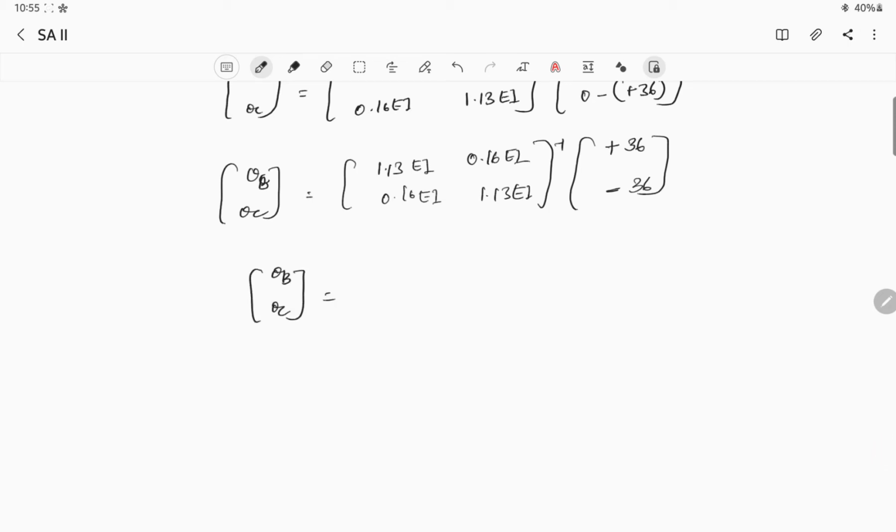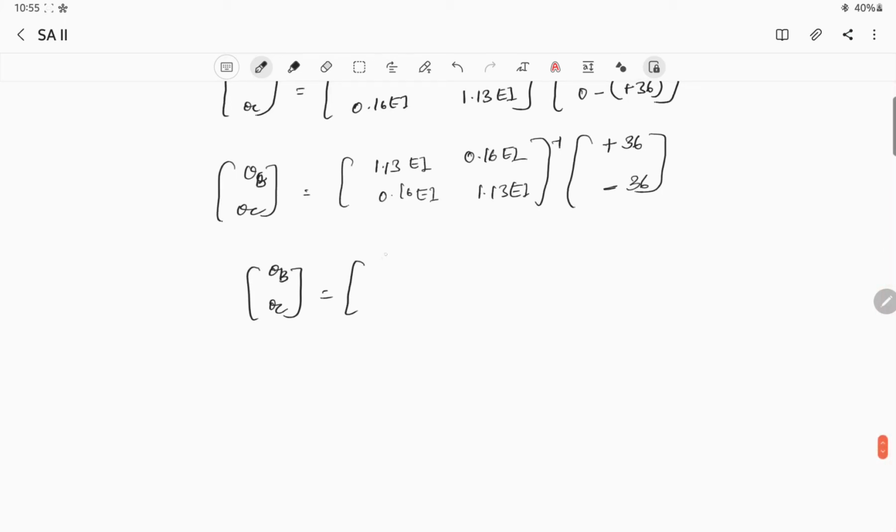Okay. So the values of theta B and theta C after calculation we got as 37.11 by EI and minus 37.11 by EI. That means theta B is equal to 37.11 by EI and theta C is equal to minus 37.11 by EI.